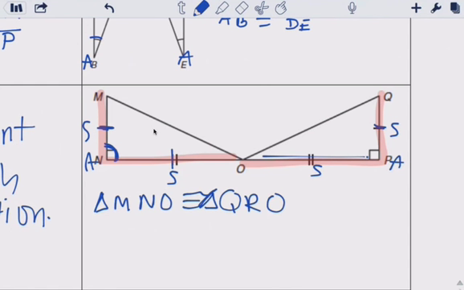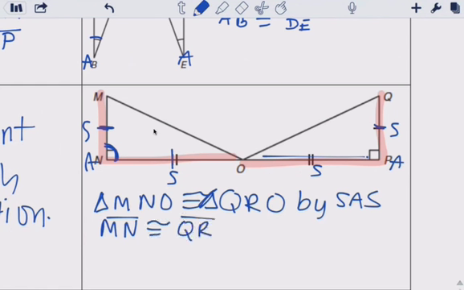Alright, so by side-angle-side. Justify: line segment MN is congruent to line segment QR. Line segment NO is congruent to PO. Okay. And oh, we forgot the angle.